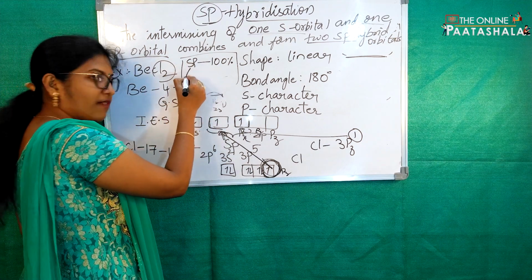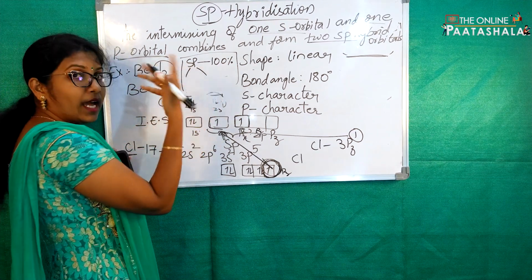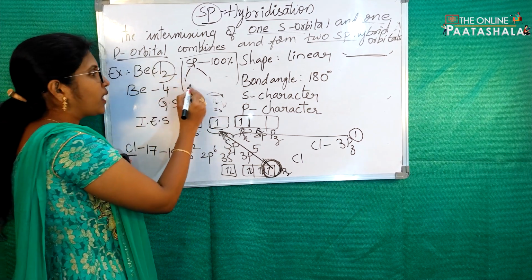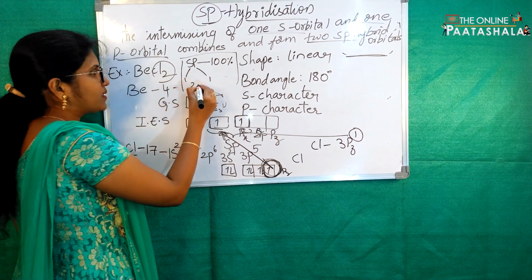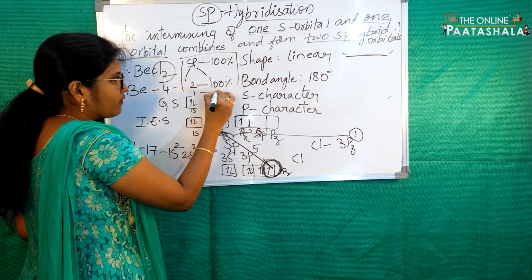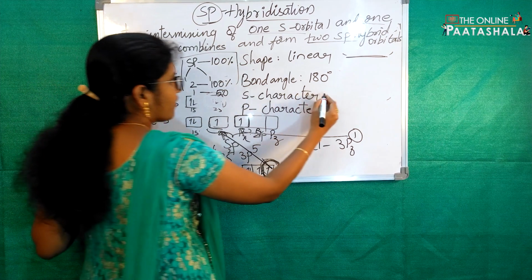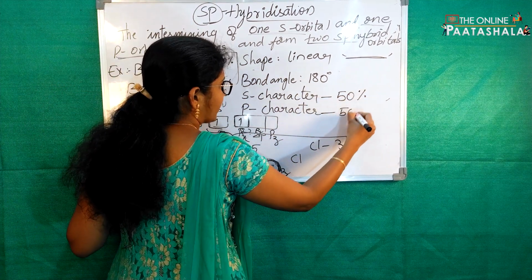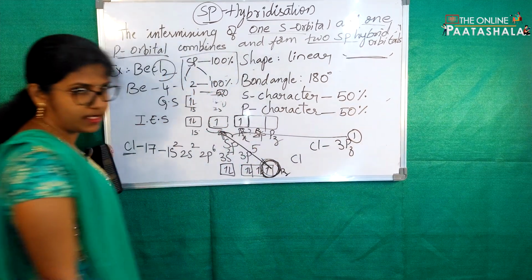In this you have one s and one p, that means you have two parts. When you combine, it has two parts, so if it is 100%, each will have 50%. In the same way, s character is 50% and p character is 50%.